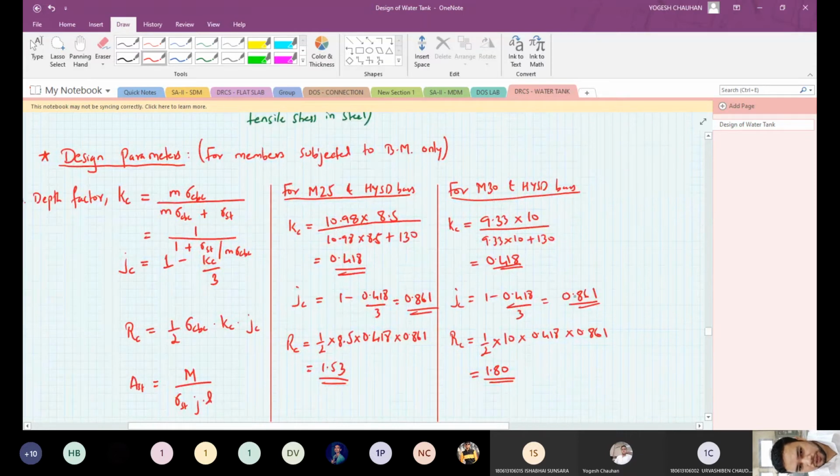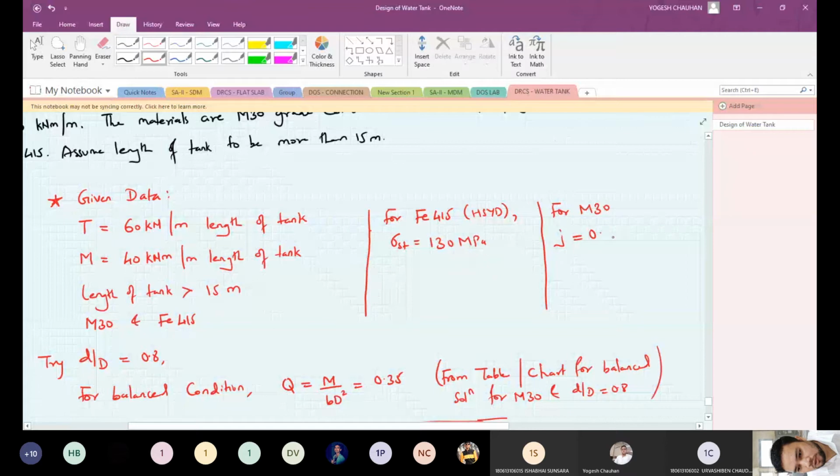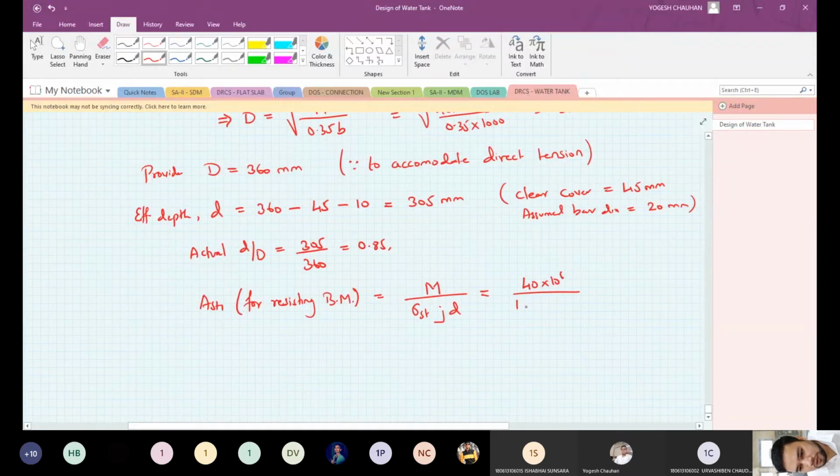For M30 grade and HYSD bar, the value of j is 0.861. That is lever arm factor. So 130 into 0.861 into this effective depth d, that is 305. So this comes out to be 1172 mm square.